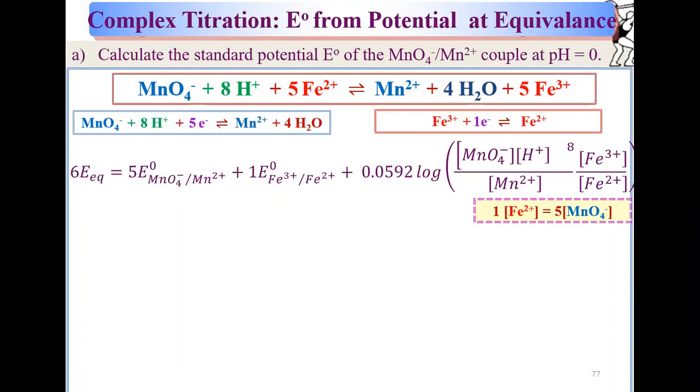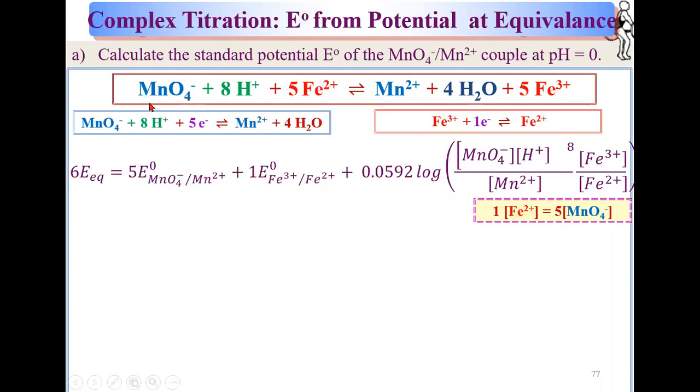Now at equivalence point, and only at equivalence, the concentration of iron 2+ from the equation divided by 5 is equal to the concentration of the manganese divided by 1.